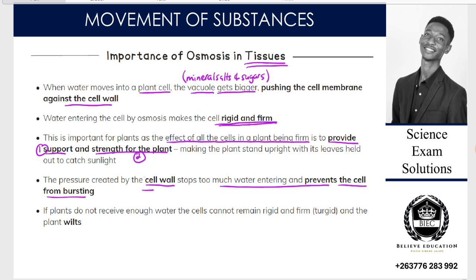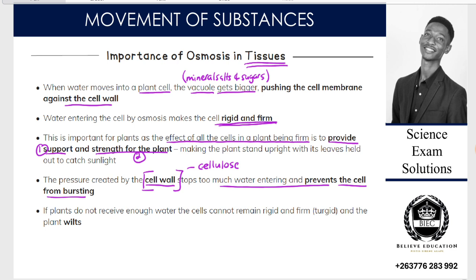So this cell wall, it is made up of what? Cellulose. And now this cellulose is a structural sugar. It is structural sugar that is very strong. It is so strong that even when given a lot of pressure, it remains standing. So because cellulose makes up the cell wall, the cell wall is able to withstand pressure.